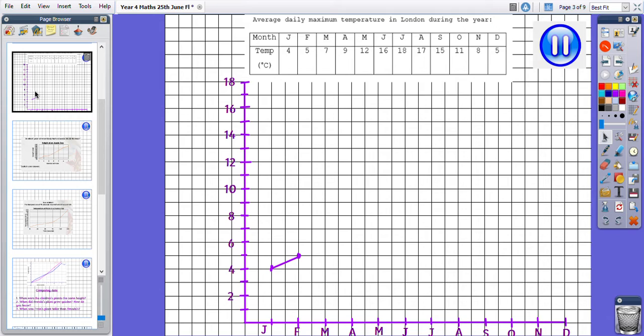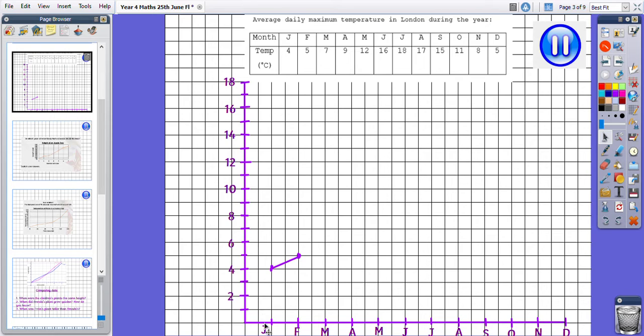Okay. So the next task we are looking at is practicing plotting data onto a line graph, so representing data using a line graph. I have started for you, and our line graph is about the average daily maximum temperature in London. So we have our months, January all the way through to December, and we have the daily maximum temperature for each month.